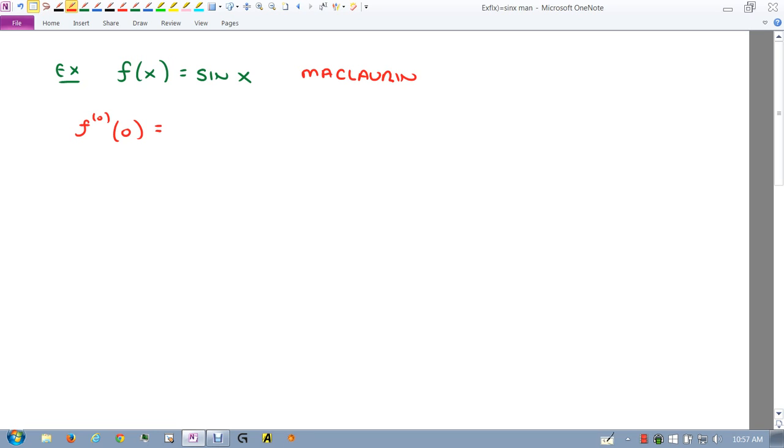What's sine of 0? 0. What's the first derivative of sine? Cosine. Plug 0 into that: 1. What's the second derivative? Negative sine, and then plug in 0. You get 0. What's the fourth derivative? Negative cosine, plug in 0, you get negative 1.